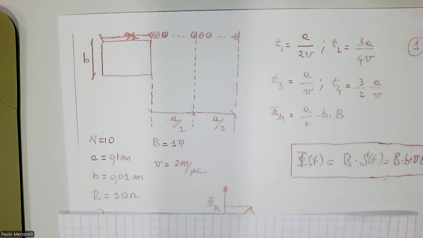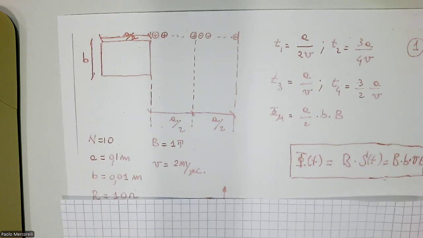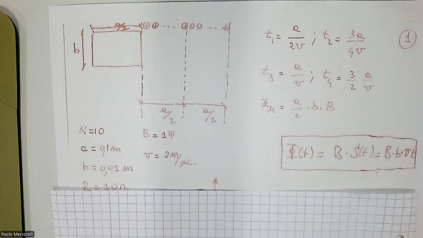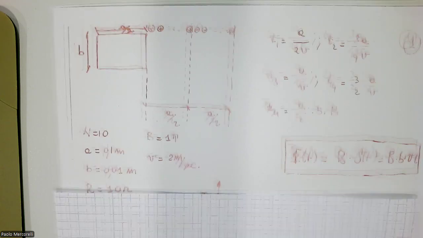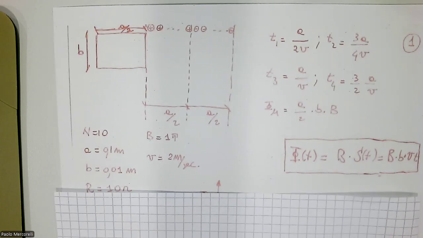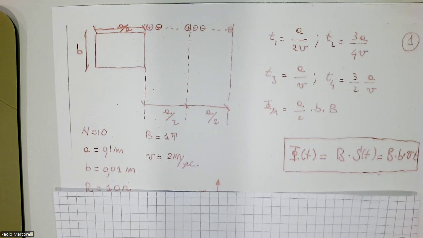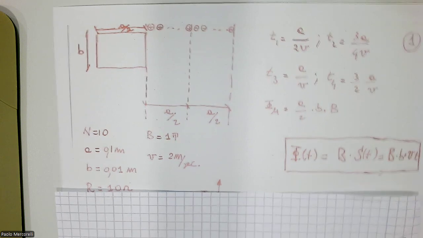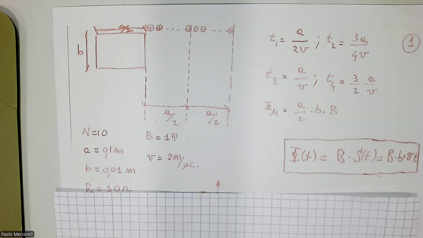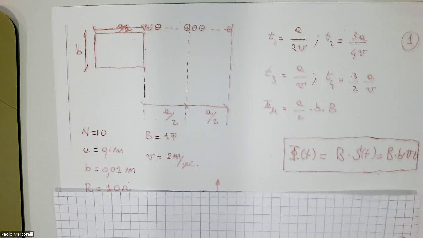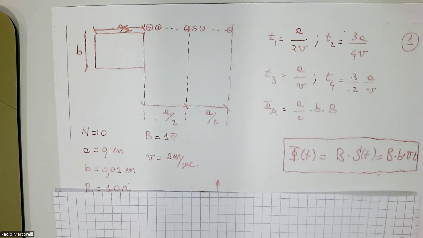graph the profile of the flux over time. I don't need to specify profile because we did just this kind of exercise. But in any case, graph the flux phi over time and indicate the points in which something changed.